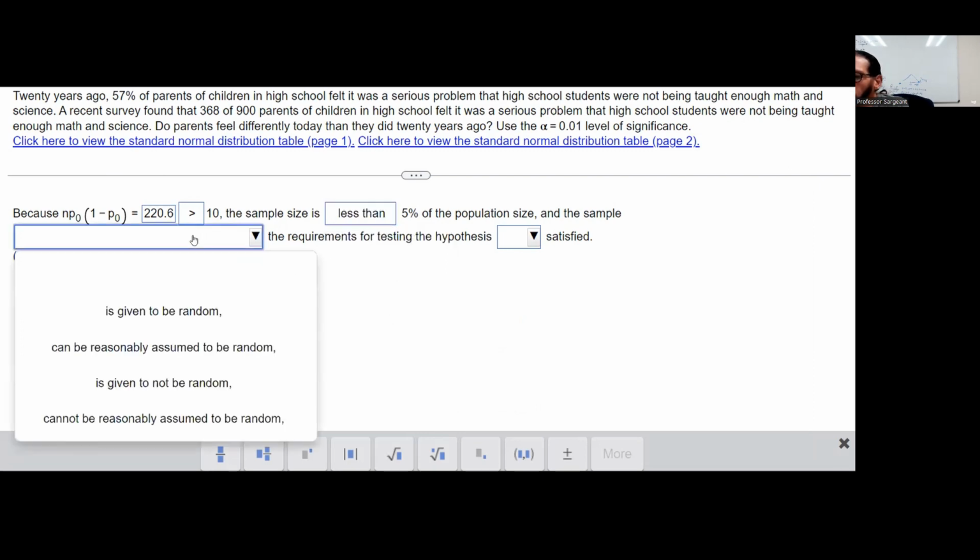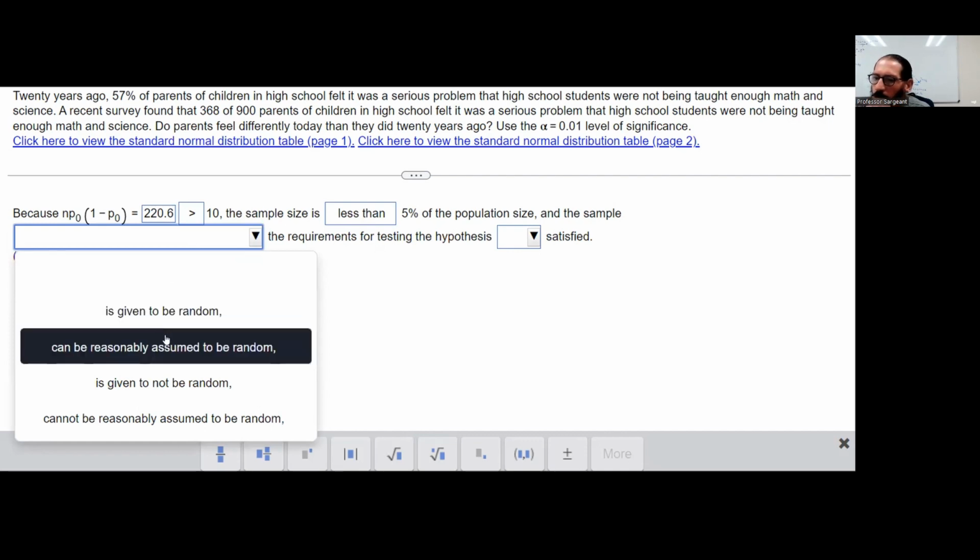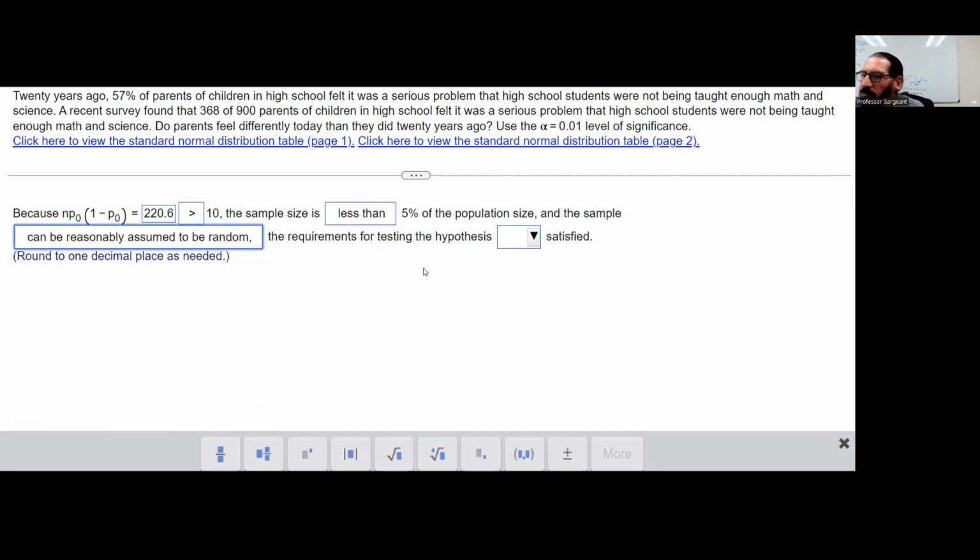The sample, are we told that it is random? I am not seeing it, but let's say that it can be reasonably assumed to be random. Hopefully the survey was conducted properly.